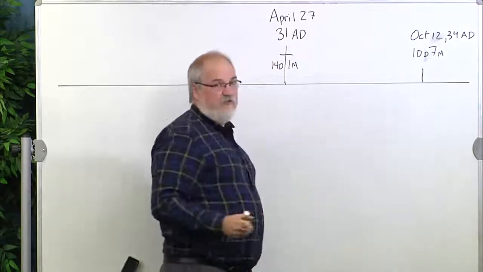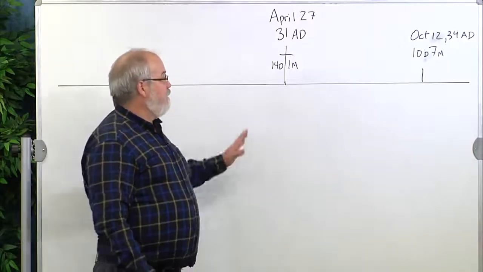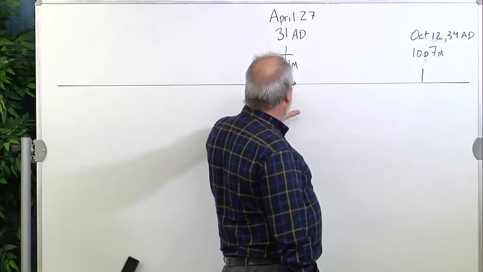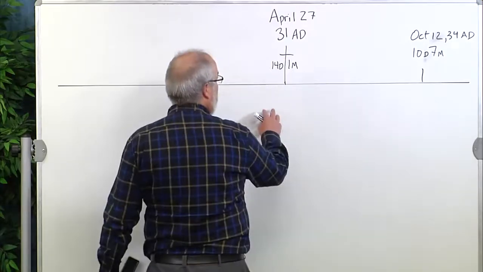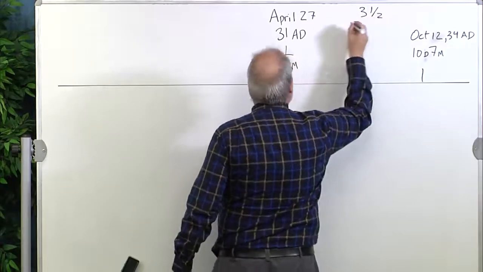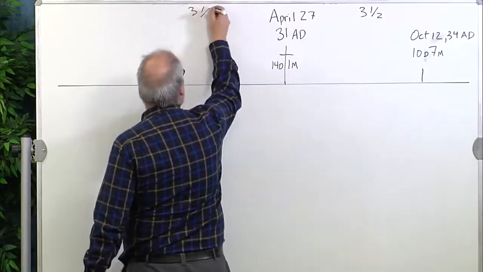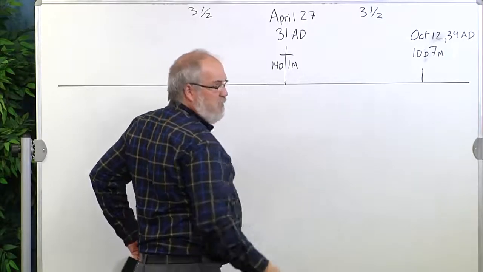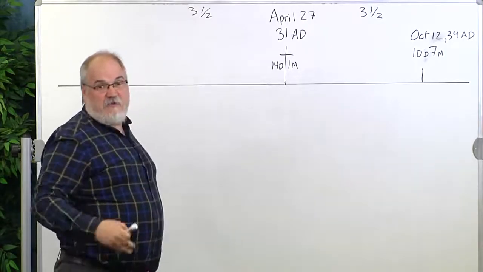And you can find that in your chart if you look at it. Now, to know how many days I'm going to count, Christ was crucified in the midst of the week, which is 3.5 years by 3.5 years. And we know that a prophetic year has 360 days.